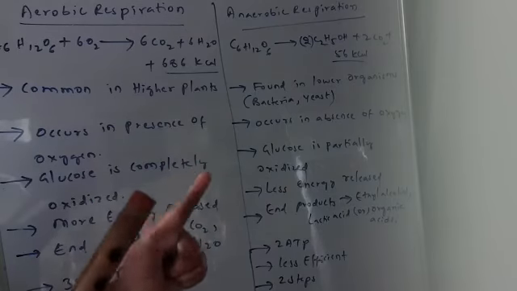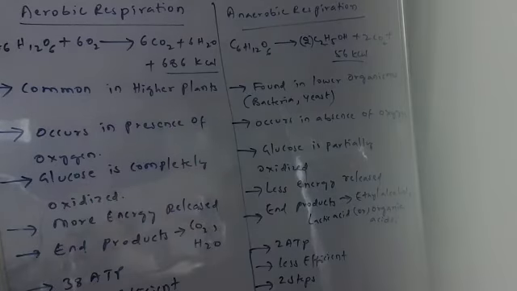Both these steps take place in the cytosol of the cell. What we understood is that whether it is aerobic or anaerobic respiration, the first step in both of them is common, that is glycolysis. So glycolysis is a common pathway for both aerobic respiration and anaerobic respiration.